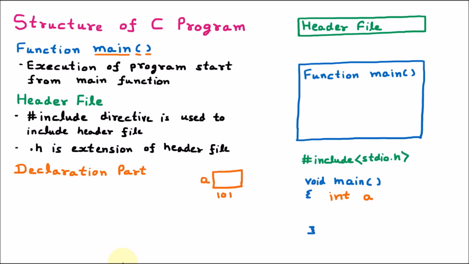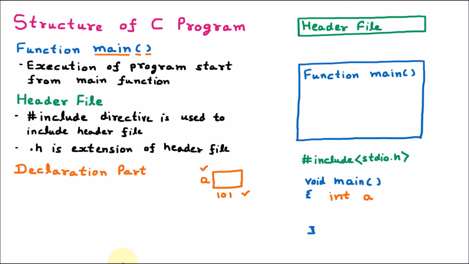So this is the memory address, and the memory is given the name A. Once you mention the line int A, one variable named A is declared. Now what is a variable? You can see that the name is variable because its value varies. Every time the user changes the value, it changes. That's why it is called a variable.